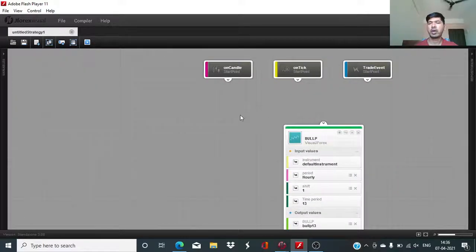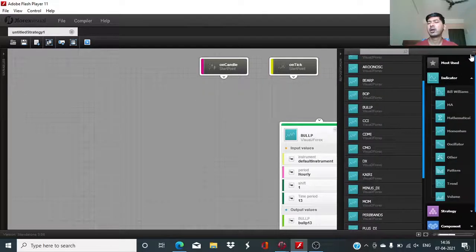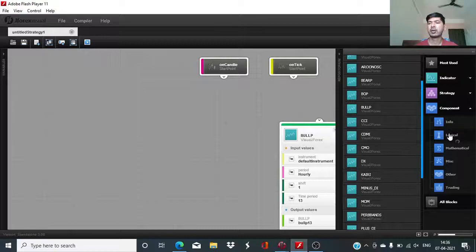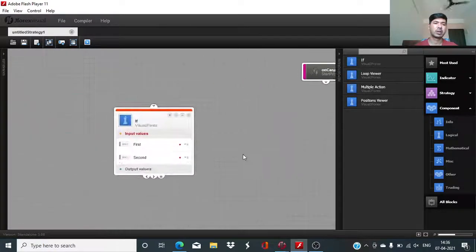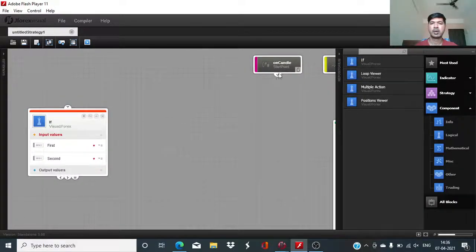Now before that, we will have to start with the instrument subscription first, and I will bring in the if else blocks, and we will use on candle as our start point.